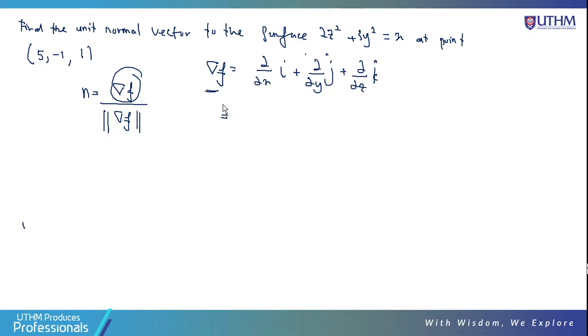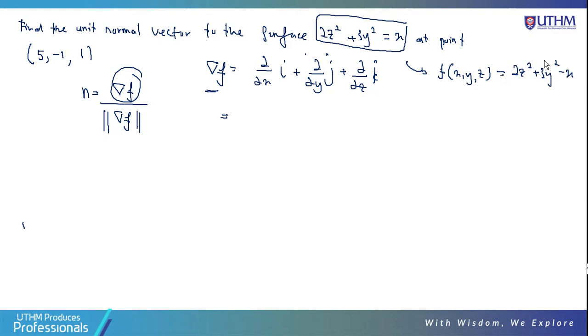So you look back. This one you rearrange. Okay, in 3D you rearrange so you can use the surface to represent the surface function. Let's say function f(x, y, z) equals 2z² plus 3y² minus x.